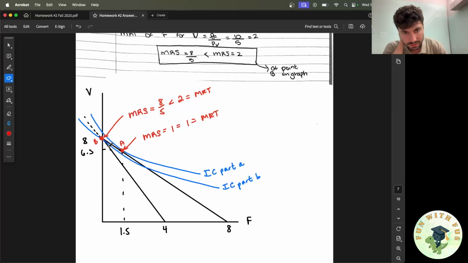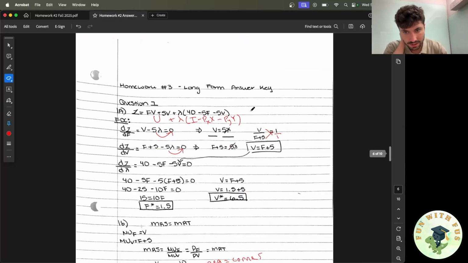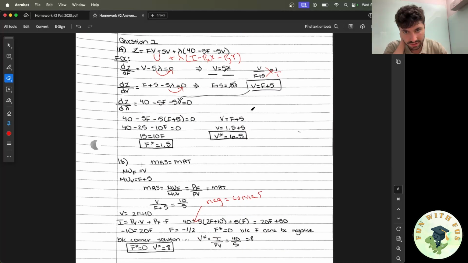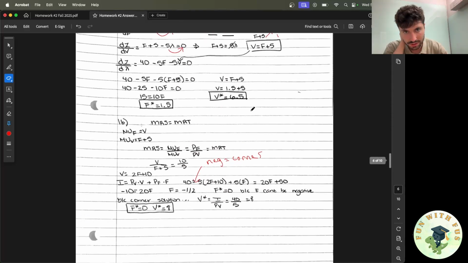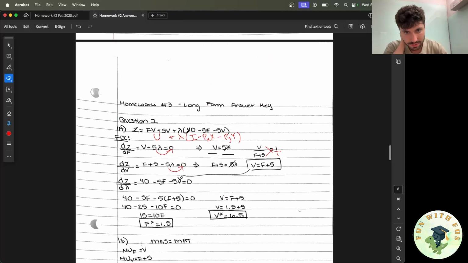I think the core revelation that you need to know is what happens when you plug in the 1.5 and 6.5 into the utility function.